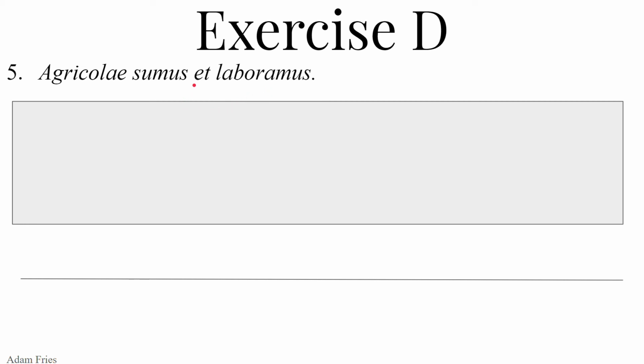For parsing conjunctions like et, like known before, where you just wrote not and then adv for adverb, underneath et, write and then underneath it conj for conjunction. We are joining sumus et laboramus. So this verb and this verb. We are farmers and we are working.